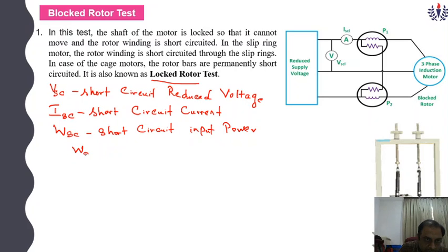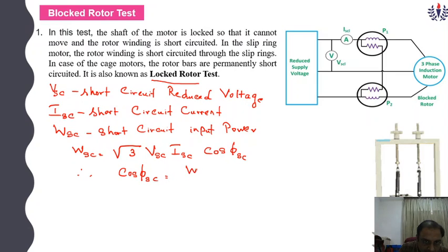The formula is WSC equal to root 3 VSC ISC cos phi SC. Therefore, the block rotor power factor cos phi SC is equal to WSC by root 3 VSC ISC. This gives the short circuit power factor.